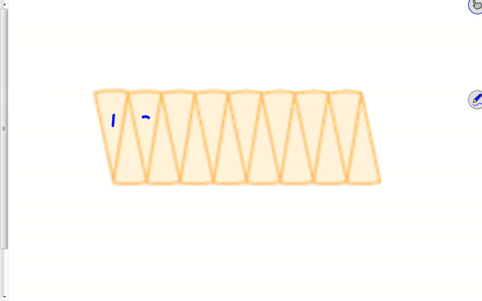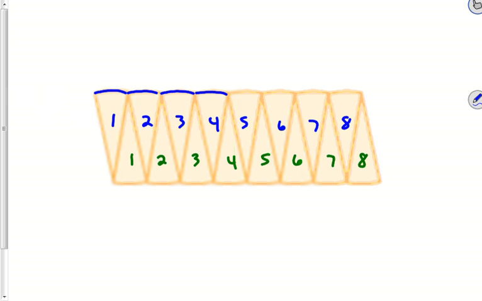Let's see, 1, 2, 3, 4, 5, 6, 7, 8, and 1, 2, 3, 4, 5, 6, 7, 8. Now this is an important realization, because what this means is we have half of the circumference of the circle on top, and we have the other half of the circumference of the circle on the bottom.